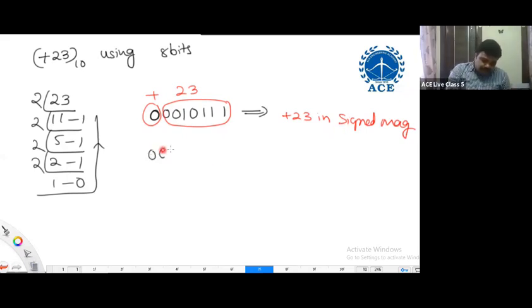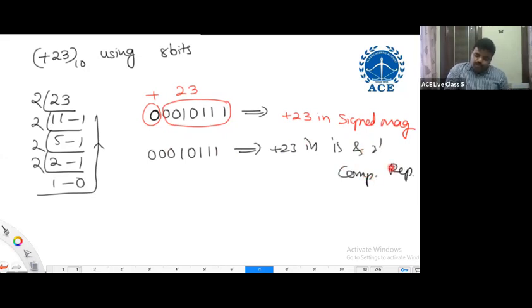Then 0 0 0 1 0 1 1 1 is plus 23 in 1's complement and 2's complement representation also. Because it is positive number. This point also we have discussed. Positive numbers representation is same in signed magnitude, 1's complement and also 2's complement representation.